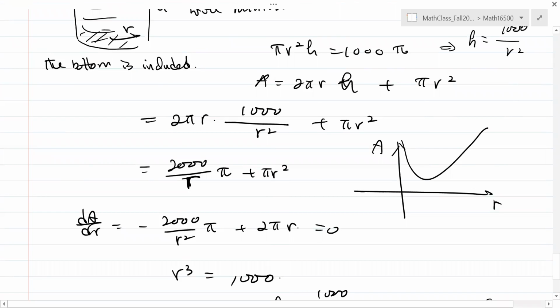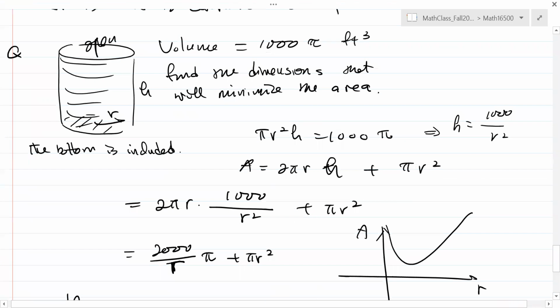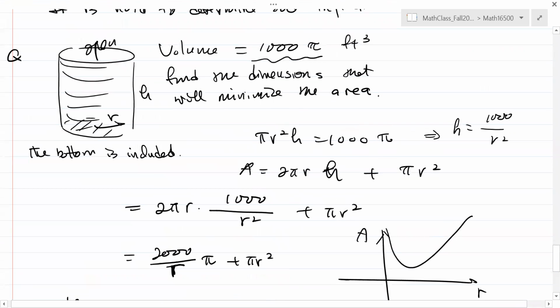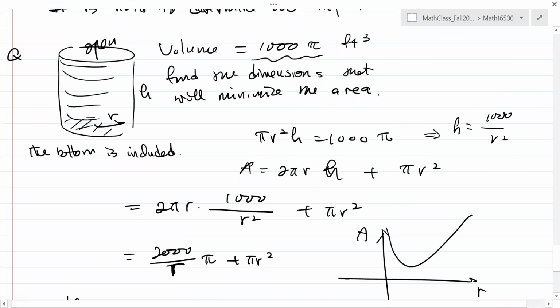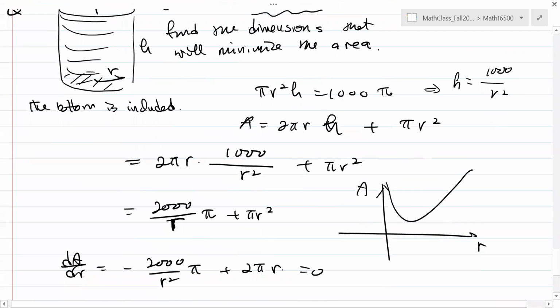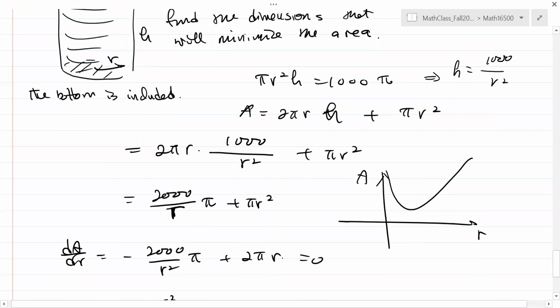Pi is gone because I put the pi in the volume to make it easier. From the very beginning, it's gone. Pi is a very mysterious number. It shows up as long as it's round, something like a cylinder or circle. So pi always shows up.